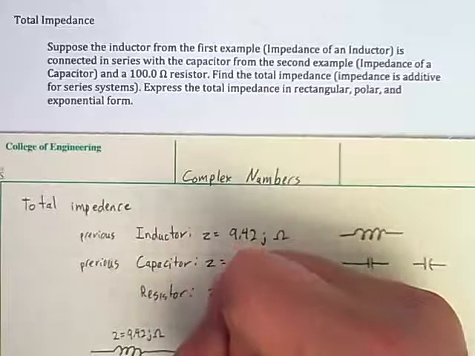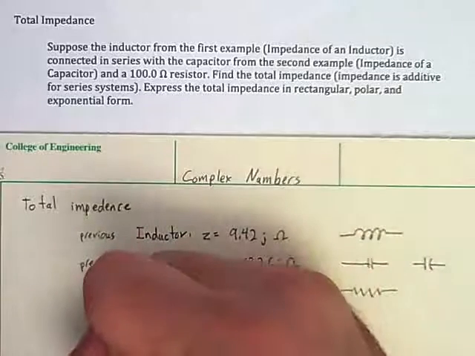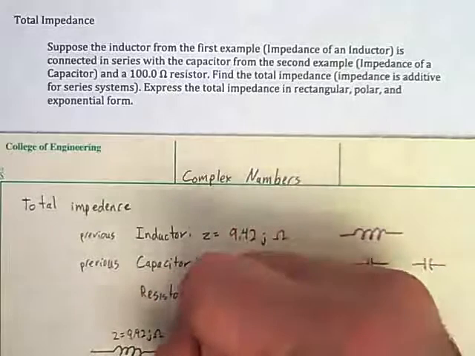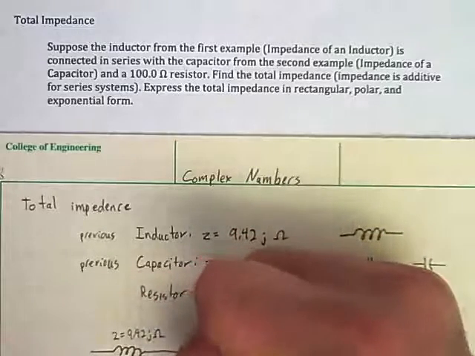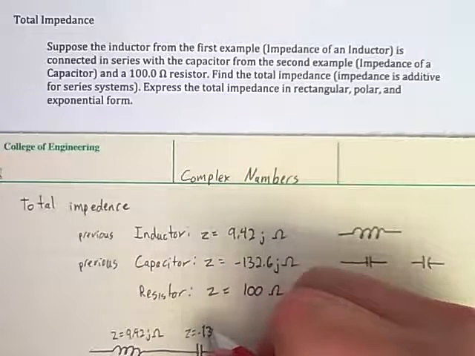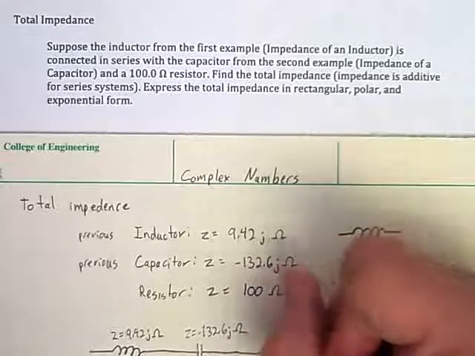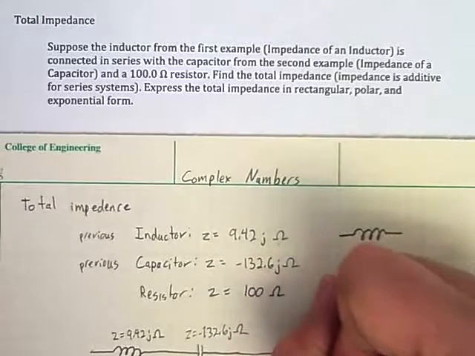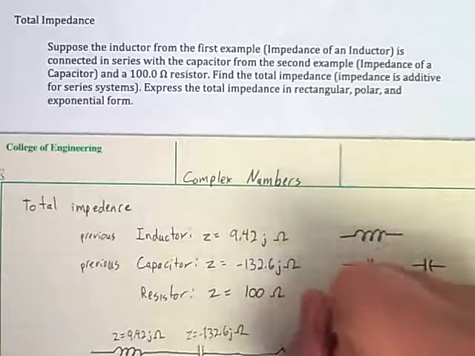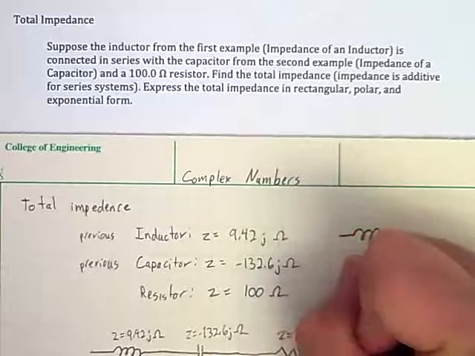We've got a capacitor, in our example earlier, it had a Z value of negative 132.6 J ohms. And then, in addition to these, we've added a resistor, which has a Z of 100 ohms.